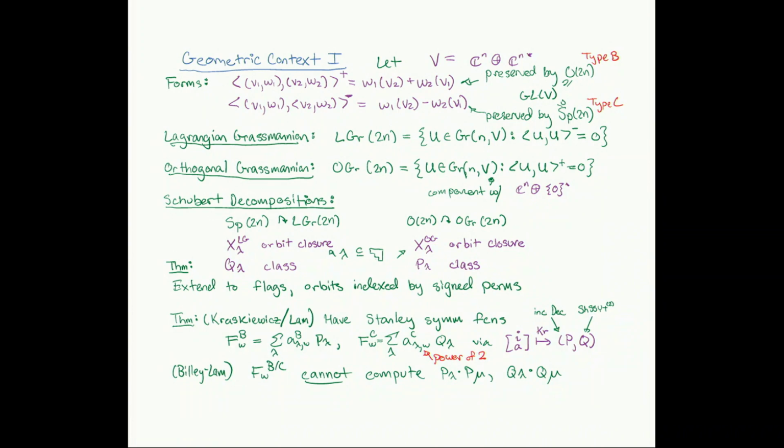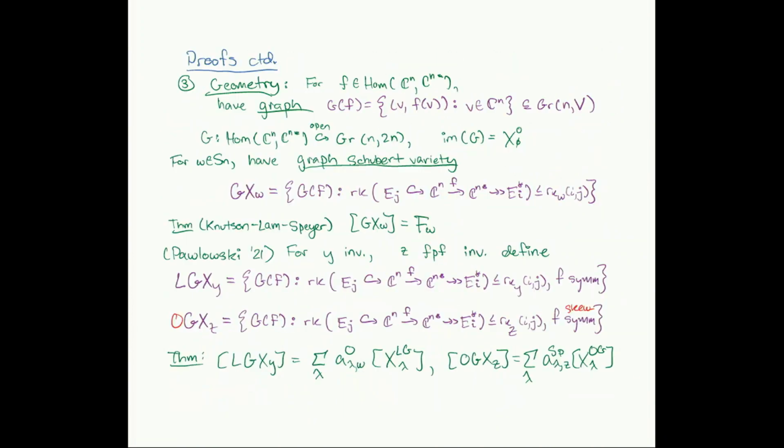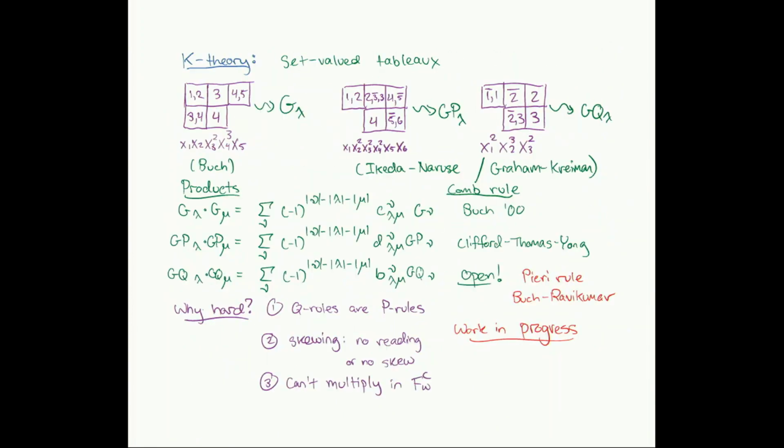We're still working out the details, but the payoff would be, at minimum, that you should be able to prove the Buch-Ravikumar Pieri rule combinatorially, and a bit more. But like we mentioned earlier, it's not easy to multiply Qs via a Stanley symmetric function, and this would only let you compute K-theoretic Stanley symmetric functions, i.e. it shouldn't be able to do all the products in GQ land.